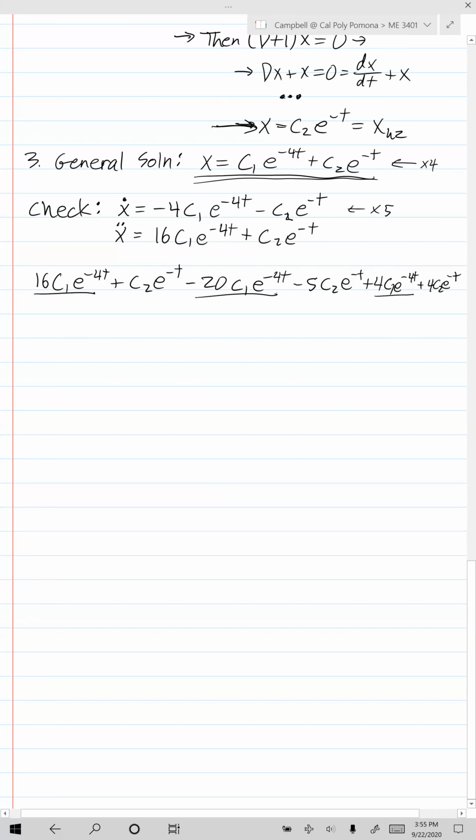Sure enough, they cancel out. Here I have 1 times c2 times e to the negative t. Here I have 4 of those, so 1 plus 4 is 5, minus 5 is equal to 0, and sure enough, that is our general solution for that particular differential equation.